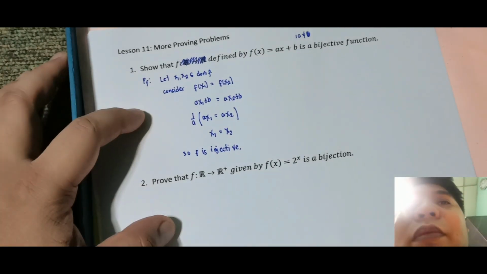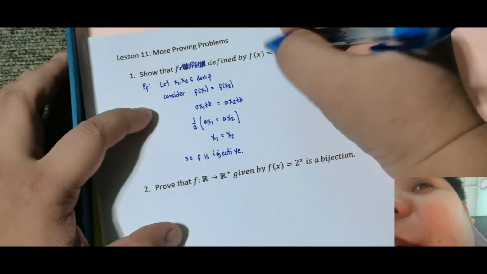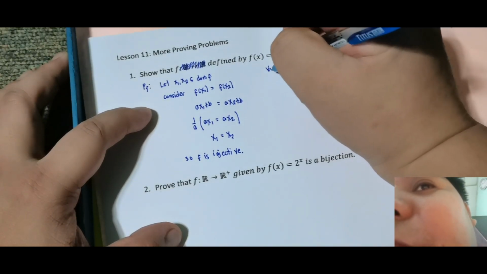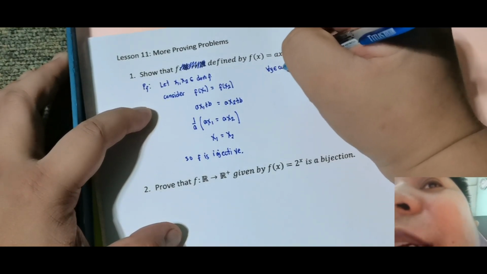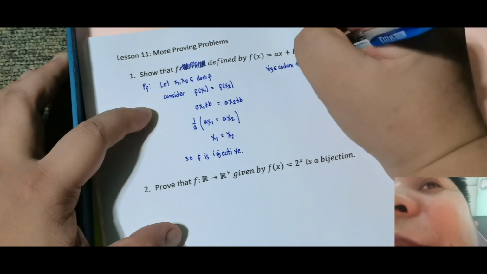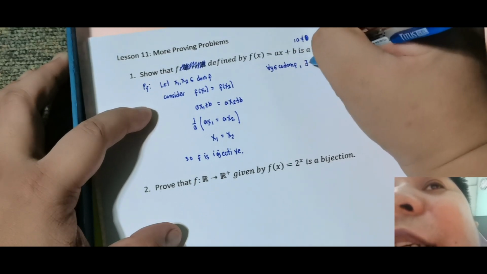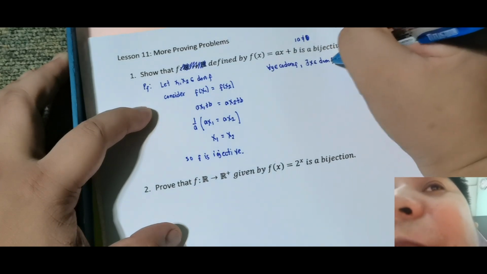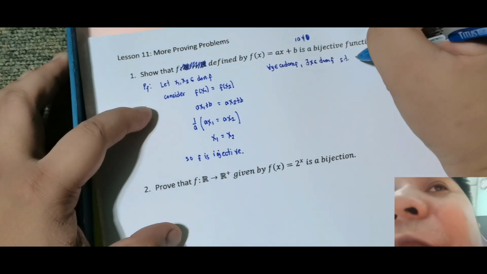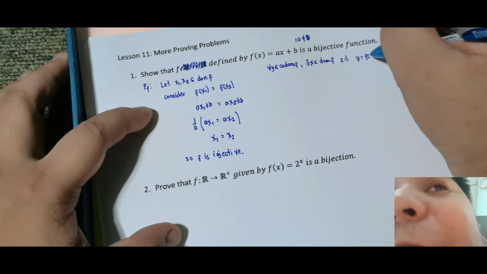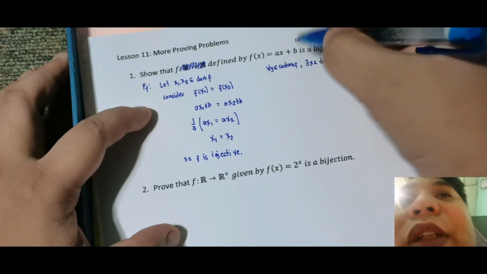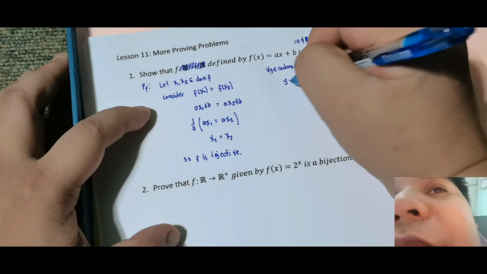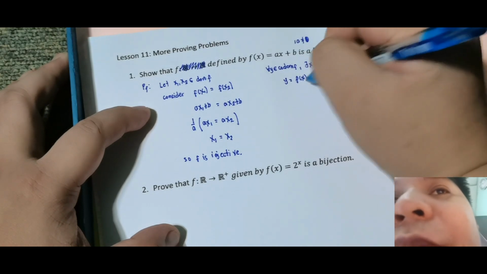Okay, next. Consider, so for all y element ng codomain, okay, there exists x element ng domain of F such that y is equal to f of x. Okay, so that is, consider that is y is equal to f of x.